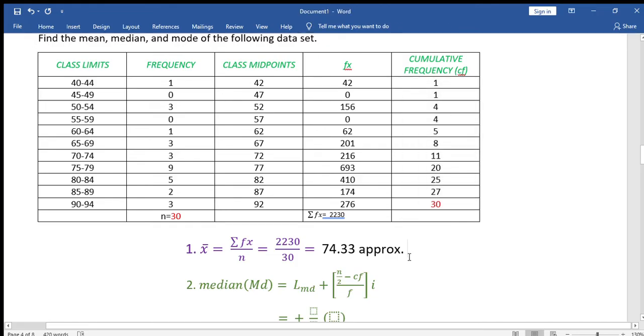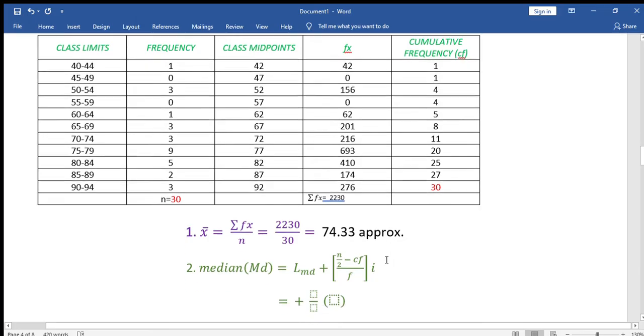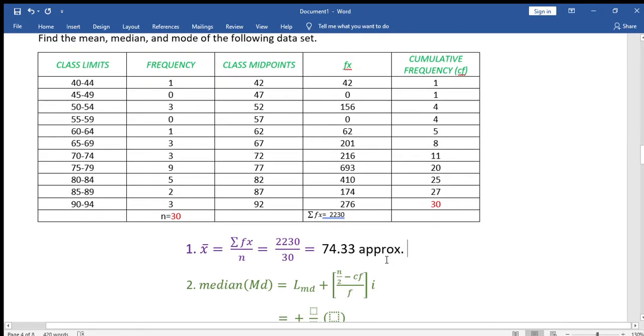Next is, how do we find out our CF? As what I mentioned earlier, that CF is considering your n over 2. And our n over 2 is 15 because 30 divided by 2 is 15. Now, once we got 15, we are going to go to this column, your CF.